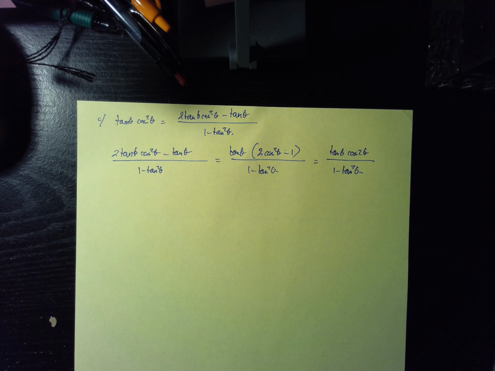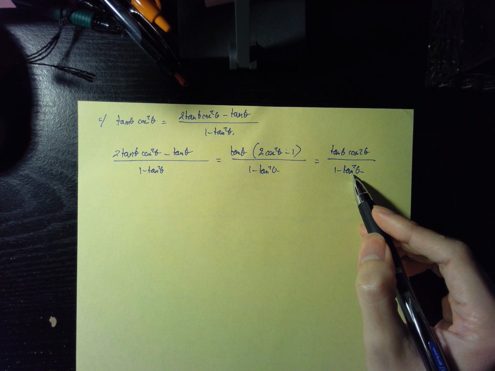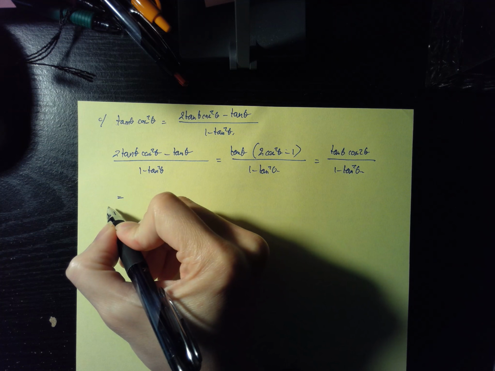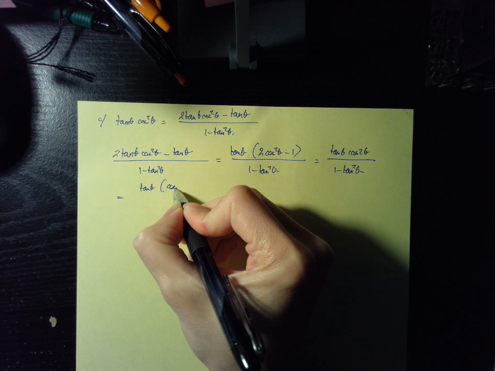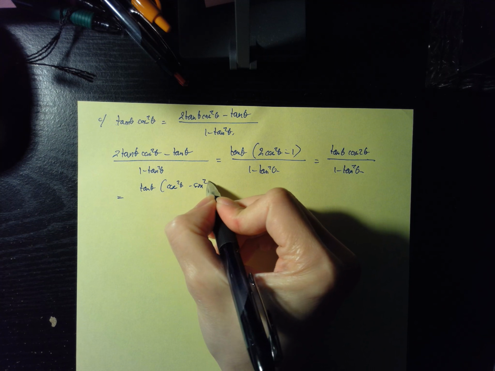Okay, and let's see. You can change this to tangent theta, and cosine 2 theta is cosine square theta minus sine square theta, right?